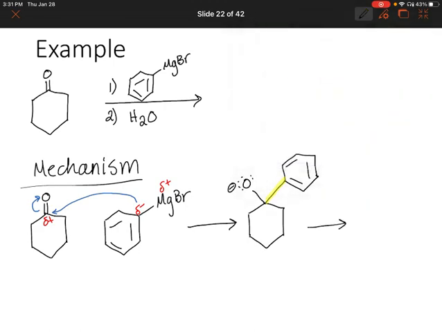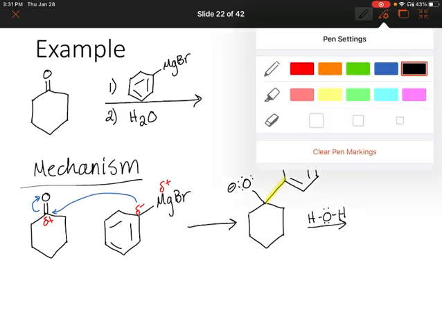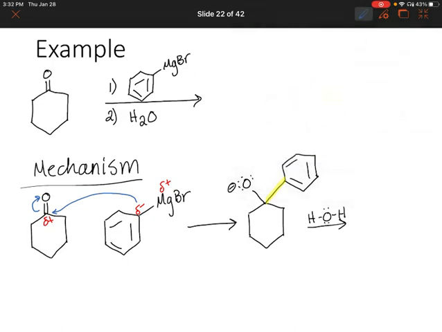And again, in the last step, we're going to protonate the oxygen. Let's see, I'll just draw my arrow all the way around. There we go. And now we have our final product.